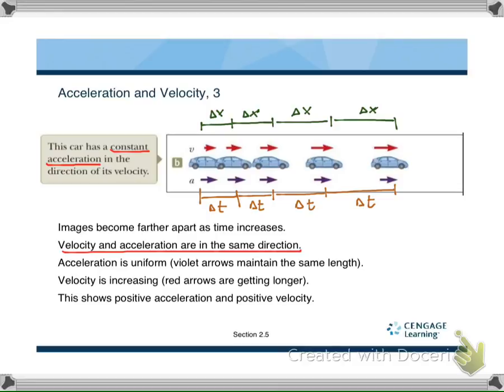Since you can see that for the same time interval, the distance is increasing, it means that the average velocity, which is equal to the delta x over delta t, is increasing.